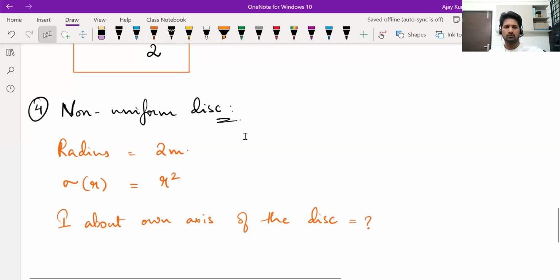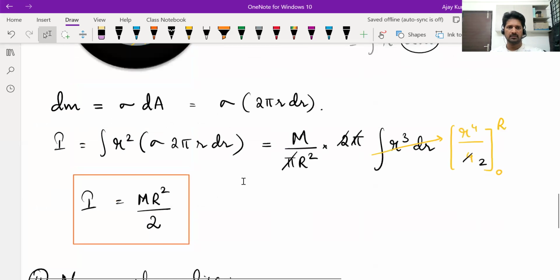Radius of the disk is 2 meters. Areal mass density varies with distance as square of the distance. I'll just copy the diagram.